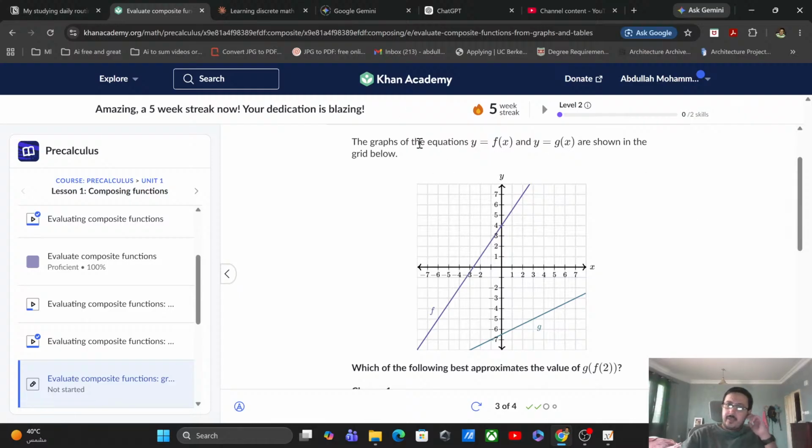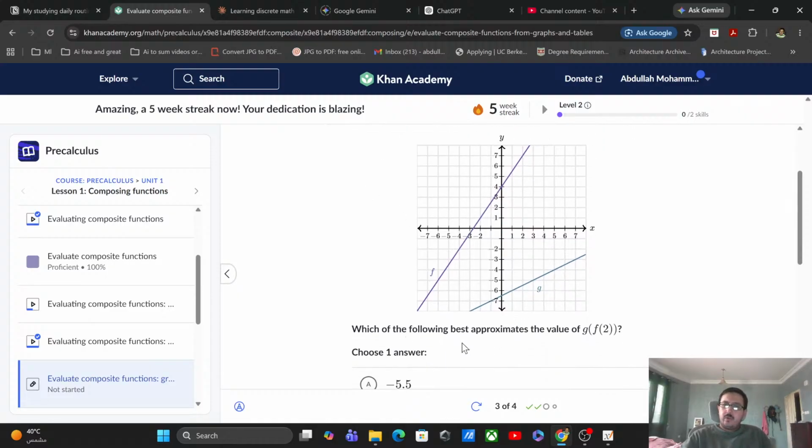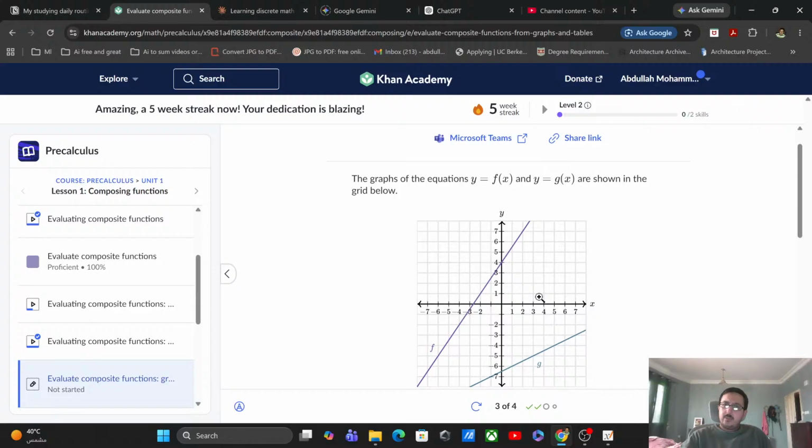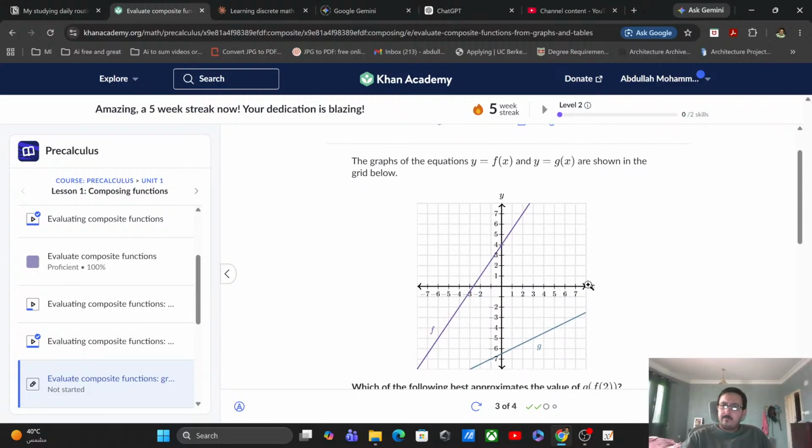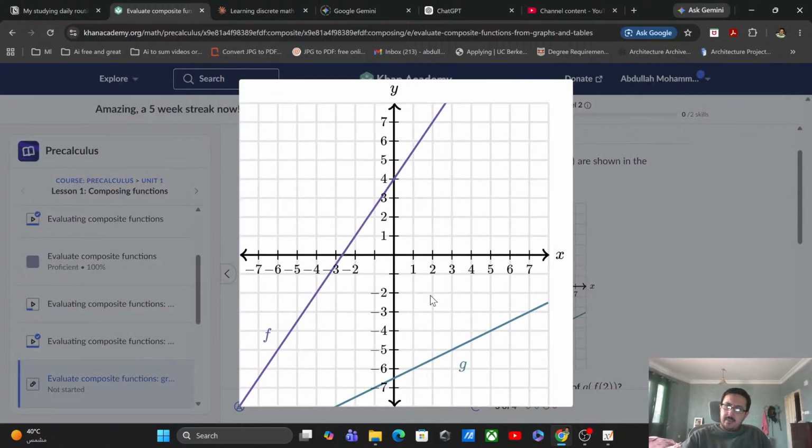Which of the following best approximates the value of g of f of 2? So g, and this is g. So it's here and 2. Let's say 6, perhaps 6, 5. I don't think it's a 5. It's a 6. Let's go with 6.